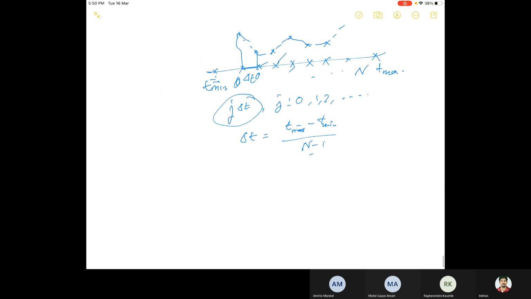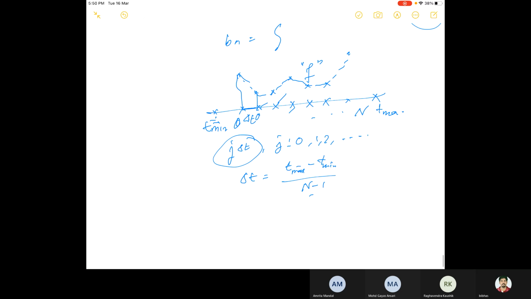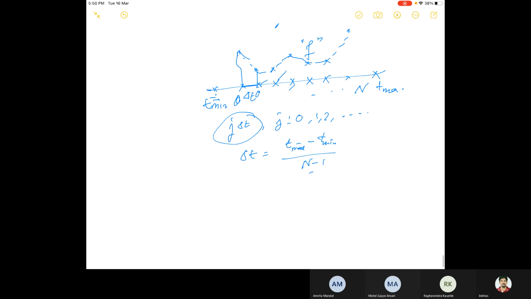Yeah, so what is happening here? If this is my f, the continuous time signal, then when I take the discrete version, I know the values of f at some specific points in the time domain. Basically, I do not know the entire continuous function.